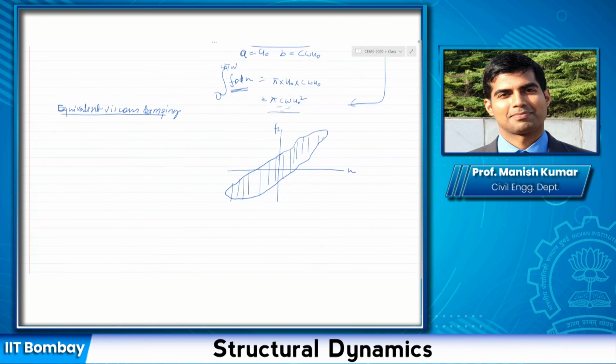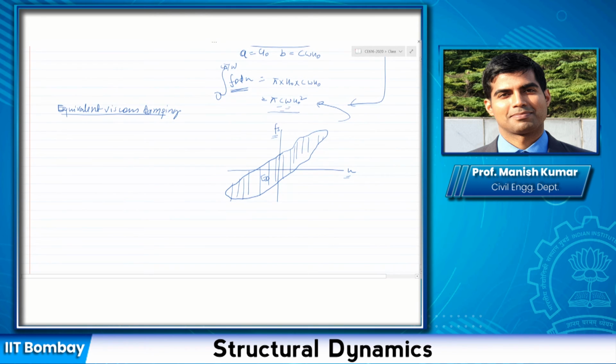Basically, whatever is the energy dissipated, ED, I'm going to equate it to the energy dissipated by the viscous damping system, so that I can find out the equivalent viscous damping. That is exactly what it means: my system had Fs and U, which is some random shape, but I want to represent it as a linear system with linear viscous damping.